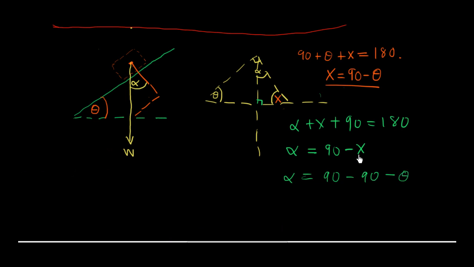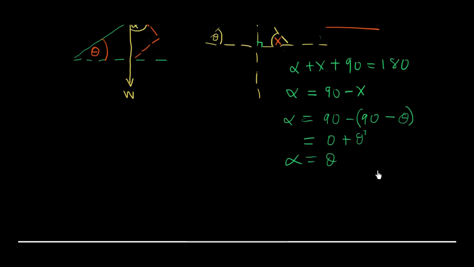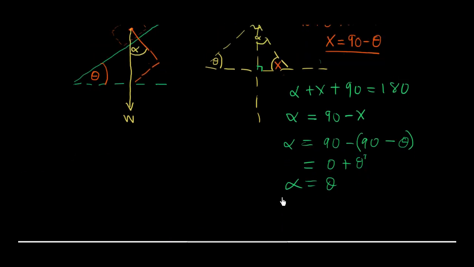And this is a minus, so I've got to include x in brackets to make sure I don't make mistakes, because the whole of x is 90 minus theta. So this is 90 minus brackets 90 minus theta. So 90 minus 1 times 90, that's 0, and minus theta is plus theta. So conveniently, and this you can remember always, it's very useful, alpha and theta are the same angle.